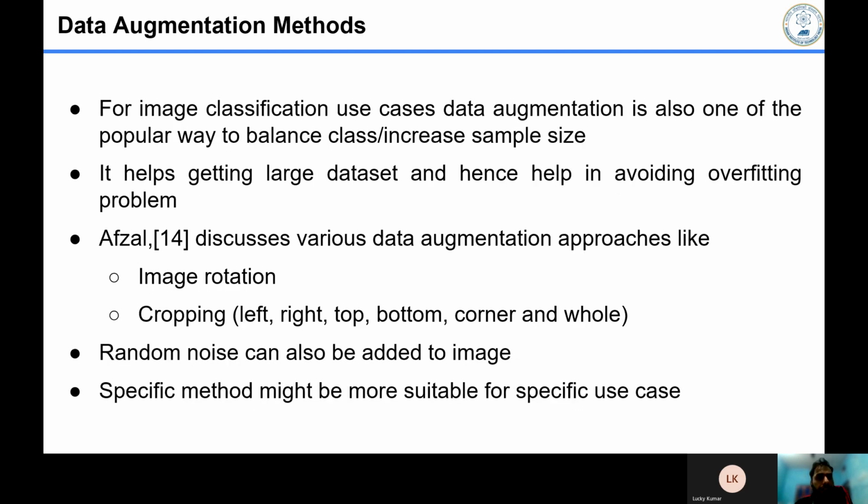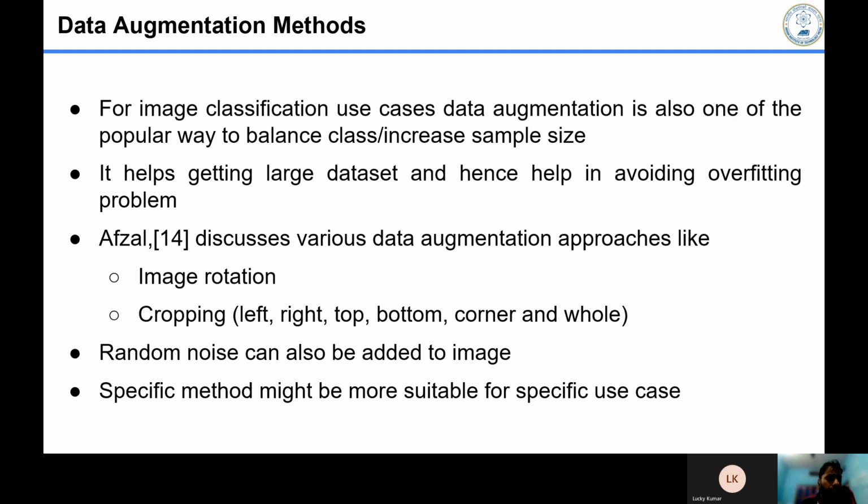For image classification use cases, data augmentation is also one of the very popular ways to balance classes, or even increase sample size where the sample size is small. It helps in getting a larger data set, and hence helps us avoid the overfitting problem.